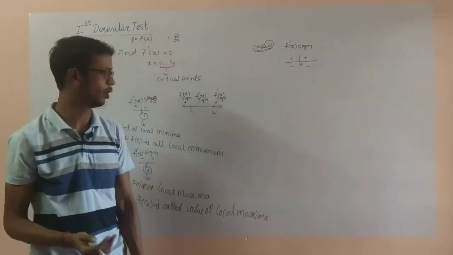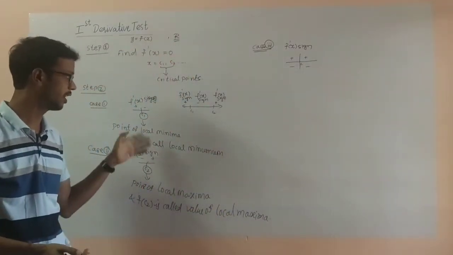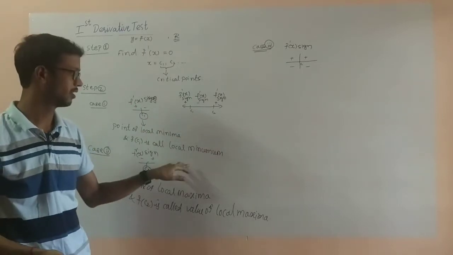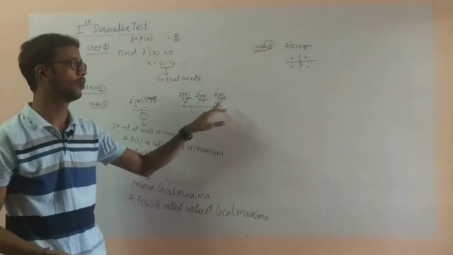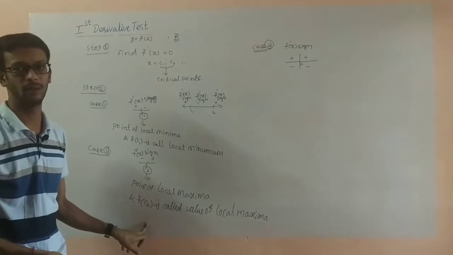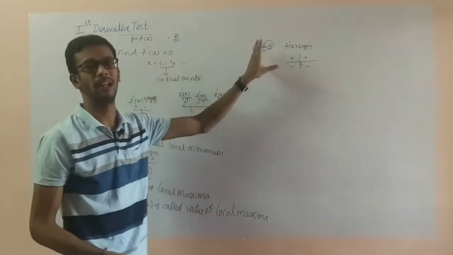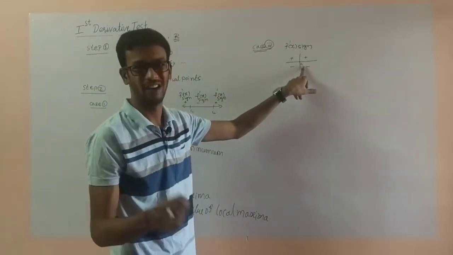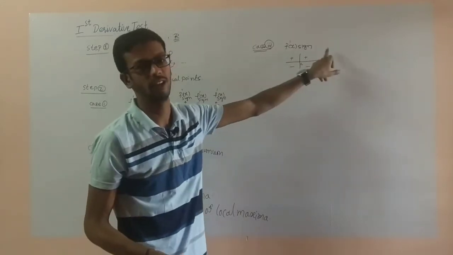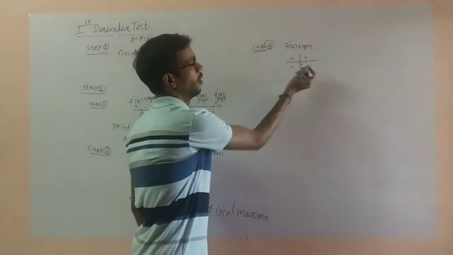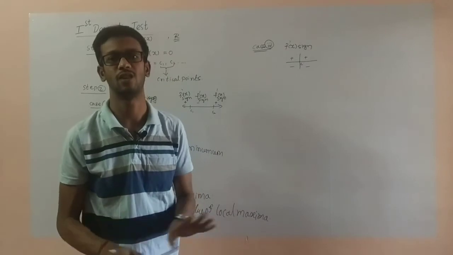That is also possible. Where the sign changes, positive to negative we write as minimum, and negative to positive we write as maximum. But in some places, at one particular critical point, it is positive to positive or negative to negative. The sign is not changed.